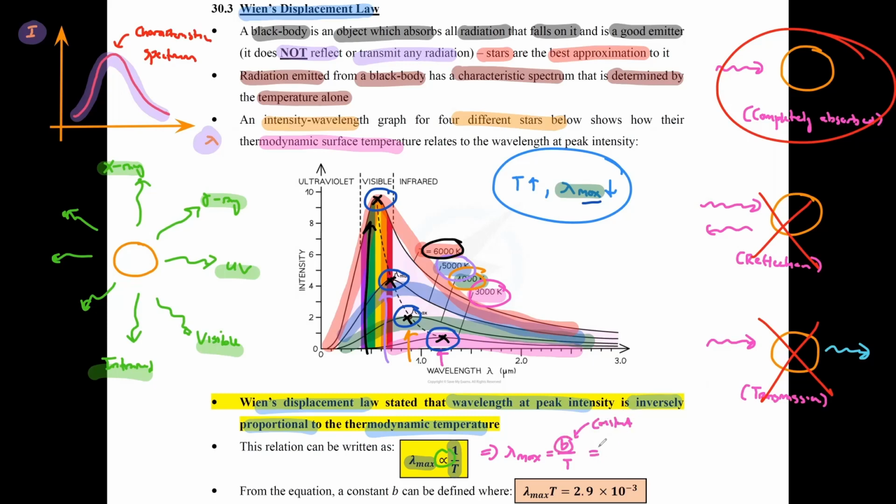So from there, you will get lambda max times T equals B. That value of B that you see here is actually 2.9 times 10 to the power minus 3. Now, you don't need to remember the value of the constant. If your question requires you to make use of it, you will be given it inside the question itself.